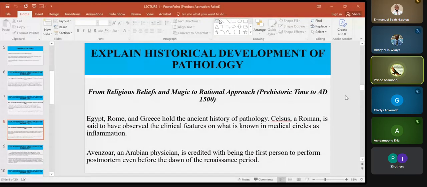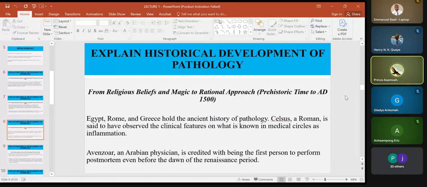The first person known and documented is Avenzoa. So during that time, he was able to perform a postmortem. That is how pathology began, as we know.